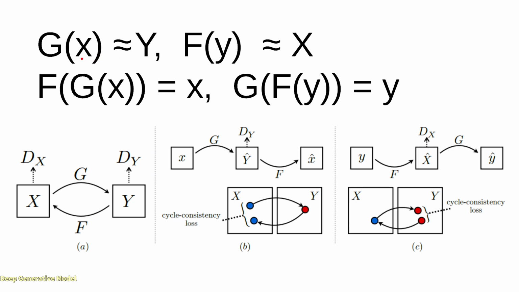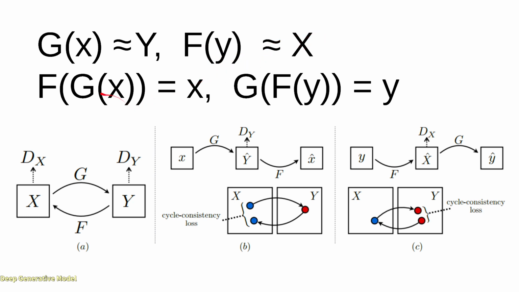We are expecting that the color or the stripes of the zebra are lost when we generate a horse, but we are still hoping the structure of the zebra is preserved in this image.